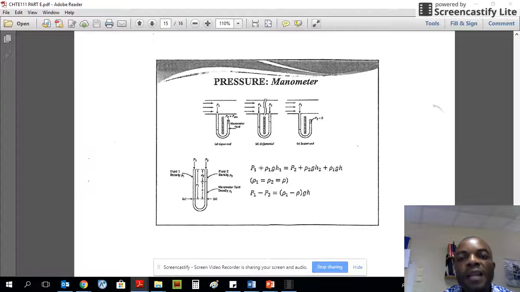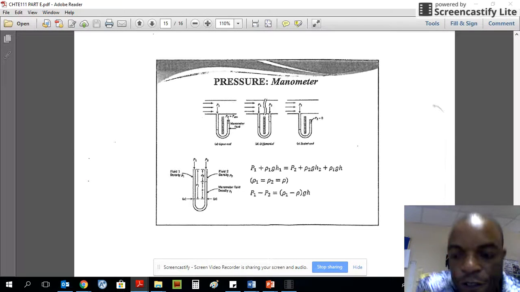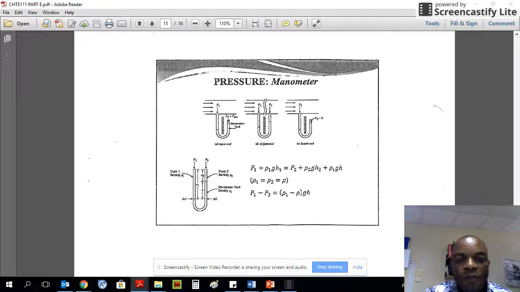Now, a manometer is a device that is used to measure pressure. Now, you have different type of manometer, and here we present a manometer consisting of a U-shaped tube, and it uses a liquid.